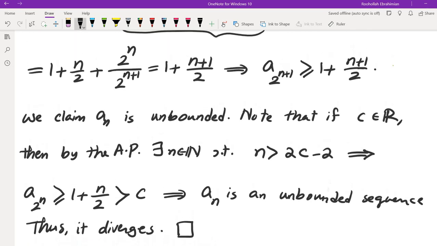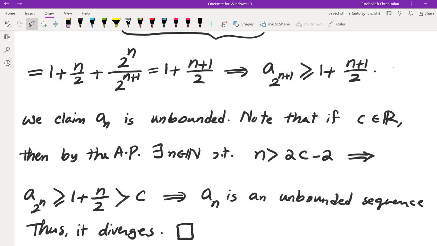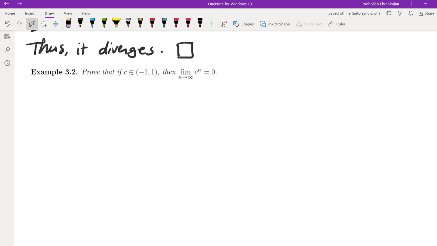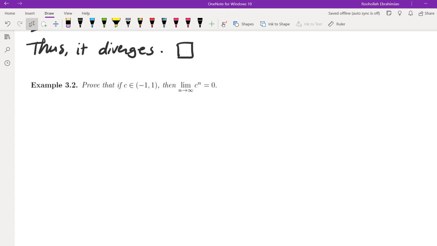So that's the first example on monotone convergence theorem. Now, a somewhat better example would be the next example, and also a very useful example. So c to the power of n approaches 0 if c is between -1 and 1.